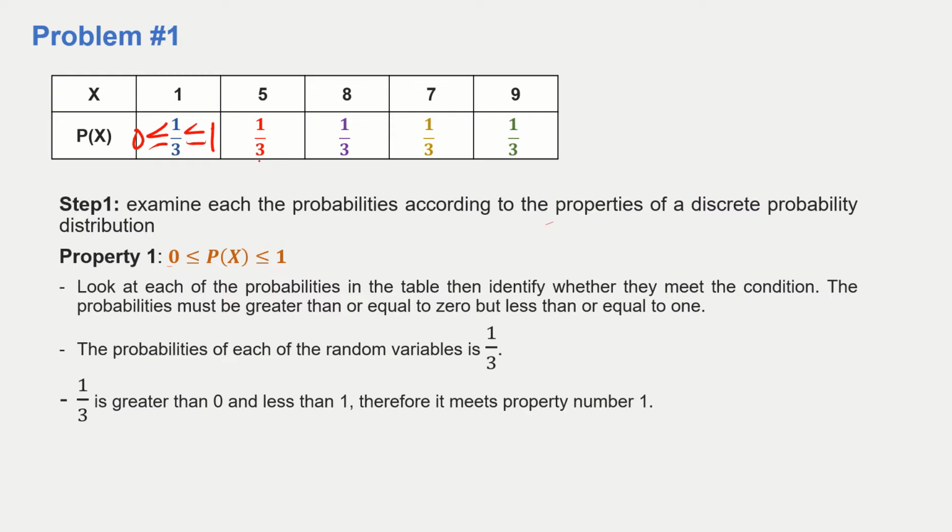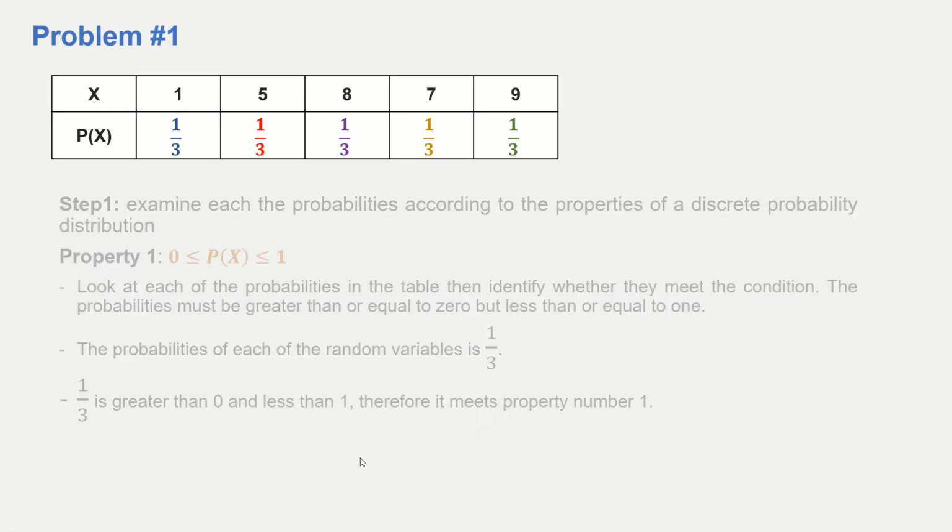Since they are all 1/3, property 1 was achieved. The probability of each random variable is 1/3, which is greater than 0 and less than 1. Therefore, it meets property number 1.